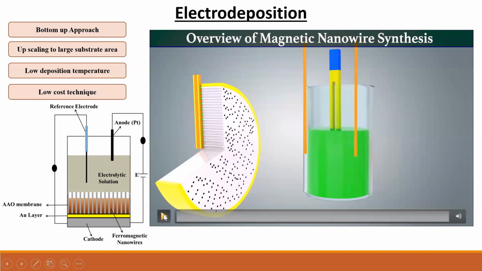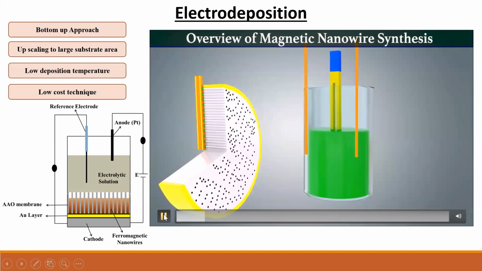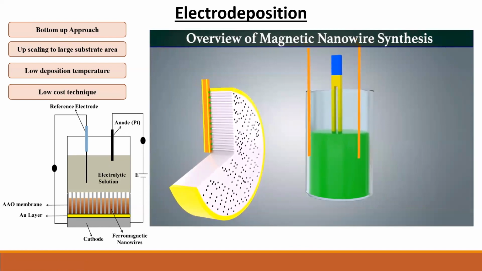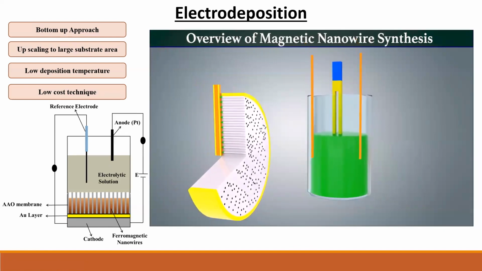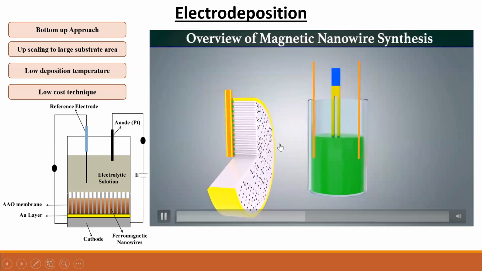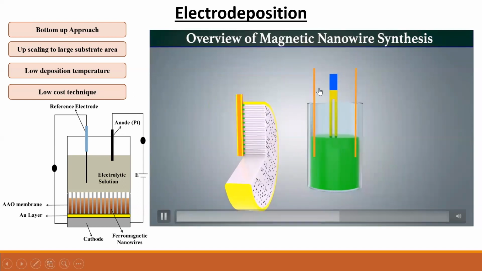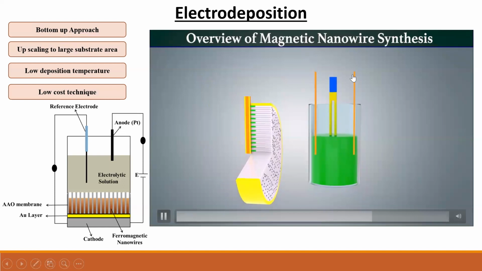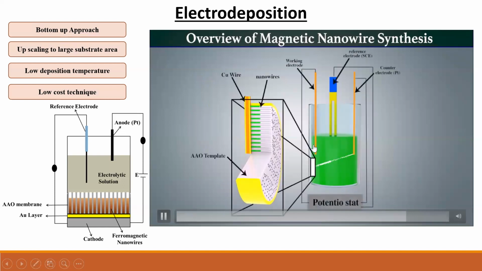So you can visualize in this that it shows the cathode. This shows the anode. On the cathode, we have the template mounted. So when the deposition takes place, the nanowires start filling in the pores.